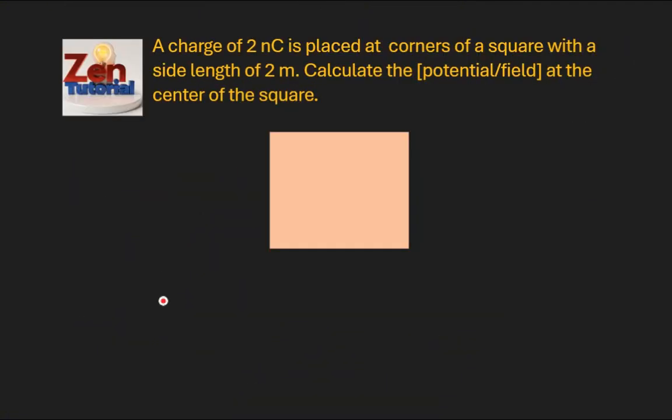Charge of 2 nanocoulomb placed at the corners of the square. So corner A, corner B, corner C, and corner D. All of these corners have got the charge of 2 nanocoulomb, 2 nanocoulomb, 2 nanocoulomb, and 2 nanocoulomb as well.